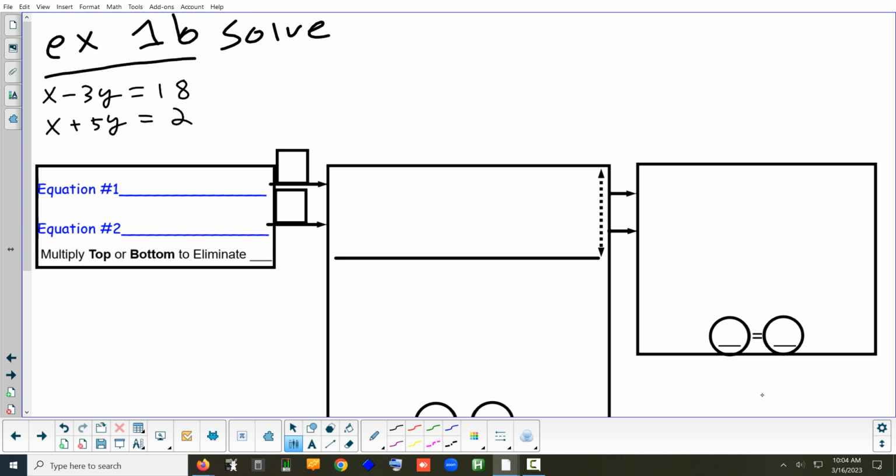Okay, so let's start to take a look at it. And remember, first thing you want to look at is, do you have same letter, same number, opposite signs? If you do, you're ready to add right away. Do we have same letter, same number, opposite signs? No. So you can't add these right away because nothing will cancel out.